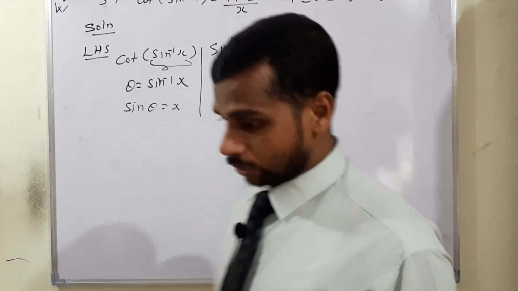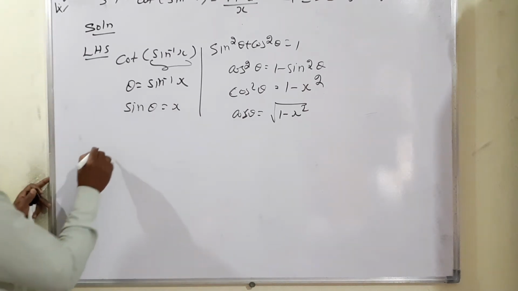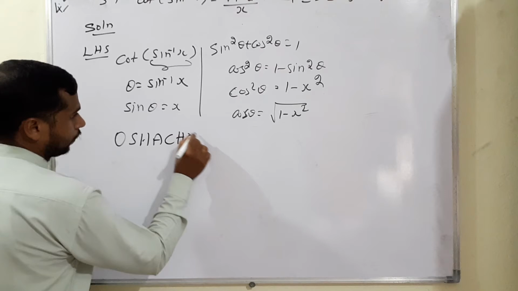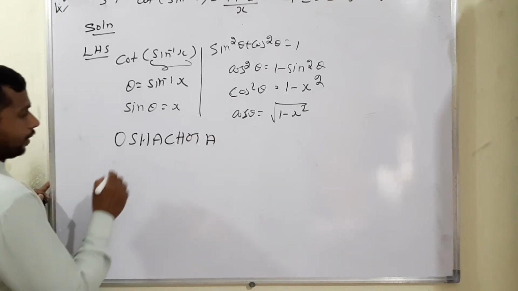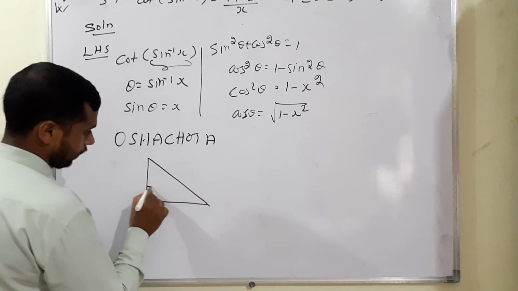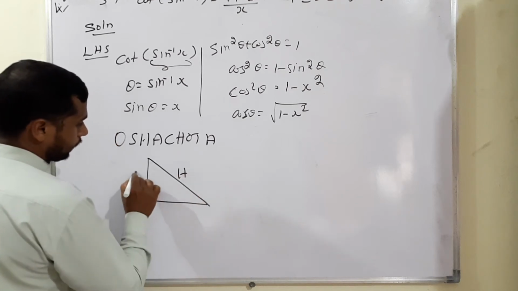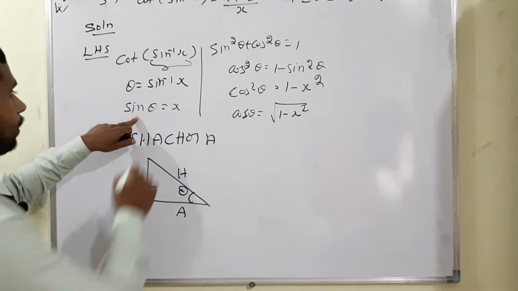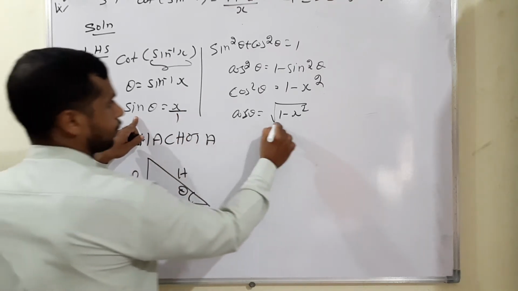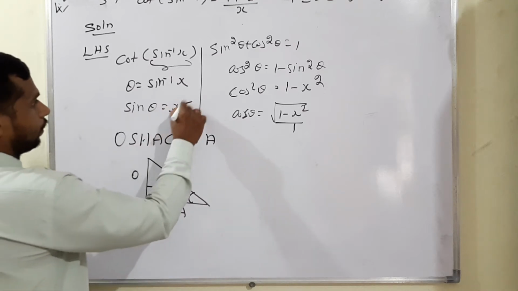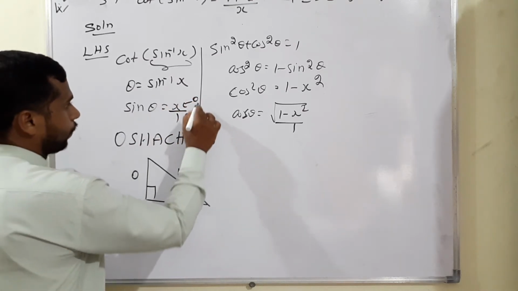Now, according to the right triangle form, if you draw a right angle triangle with hypotenuse, opposite and adjacent: sin theta means opposite divided by hypotenuse.